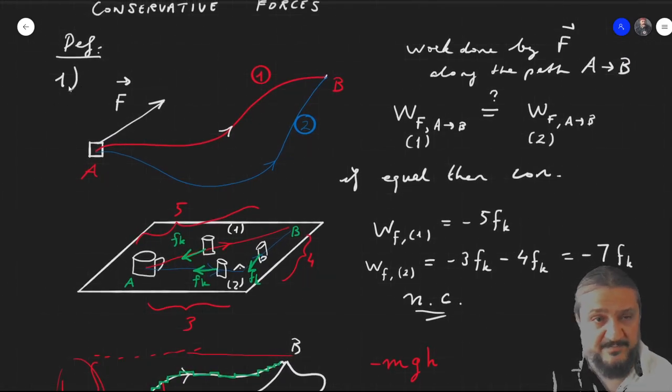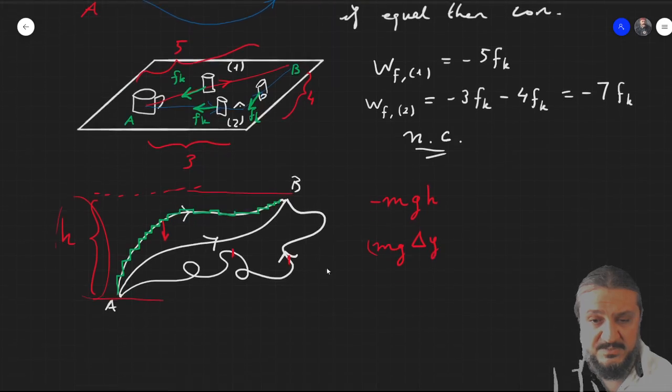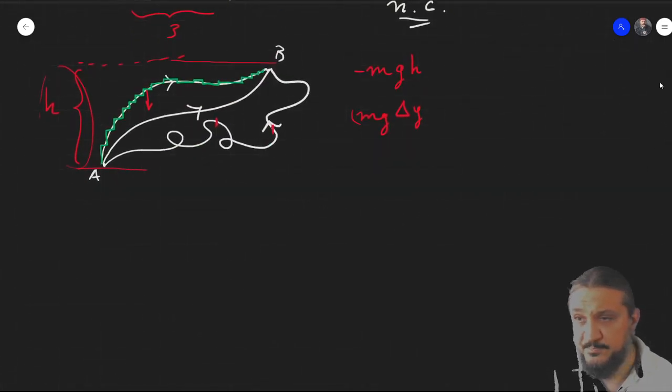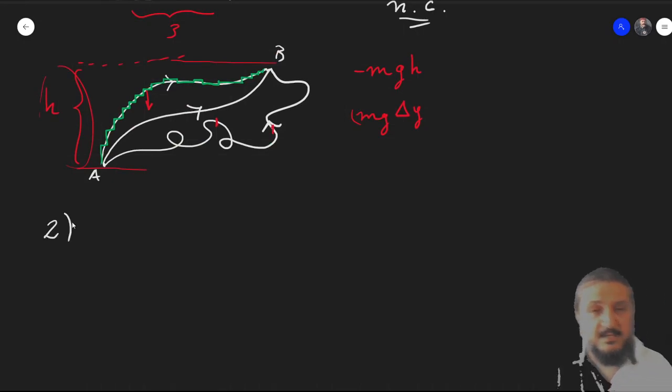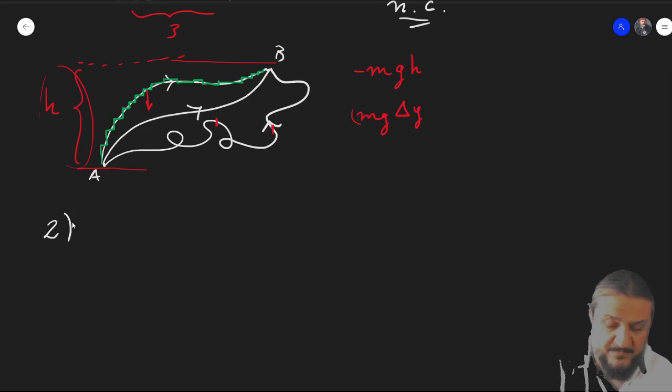There's an alternative definition as well, so let's call it number 2. The second way of defining it. It also uses the work done by force, but you pick a special path, meaning you don't have points A and B, you just have a loop.